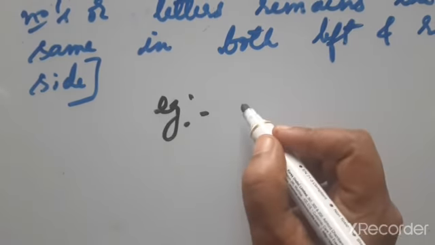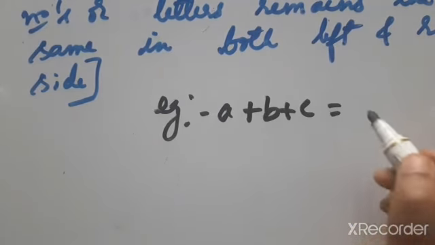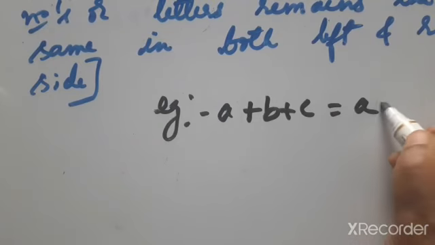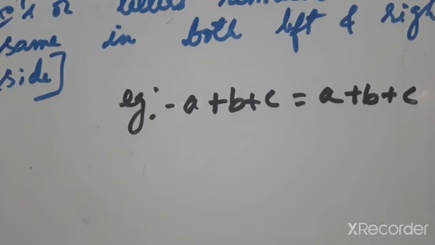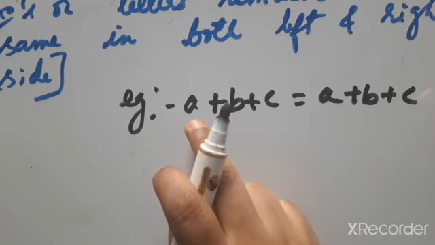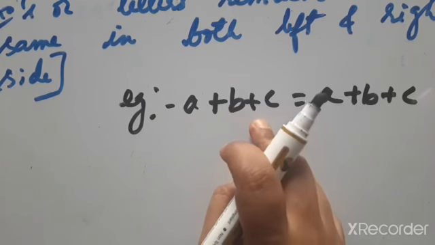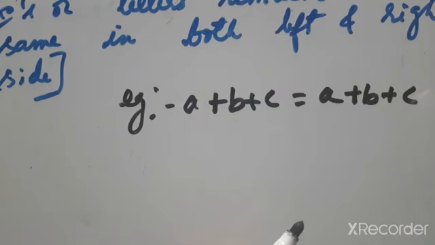Example: associative property means a plus b plus c, a trinomial, is given. Here also, the left and right sides have the same letters or numbers. Associative property is always in a trinomial: a plus b plus c on the left side, and on the right side, a plus b plus c, only the bracket changes.